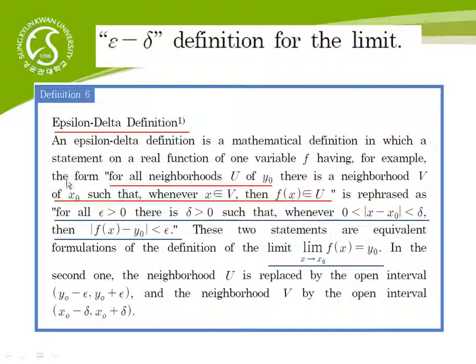having, for example, the form: for all neighborhoods U of y naught, there is a neighborhood V of x naught such that whenever x is in V, then f of x is in U. This can be written in the following way.